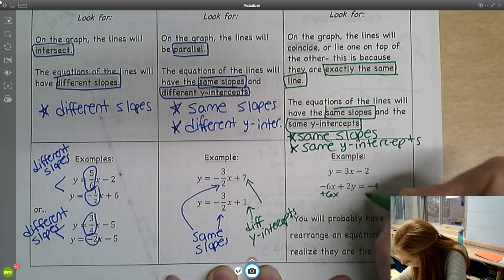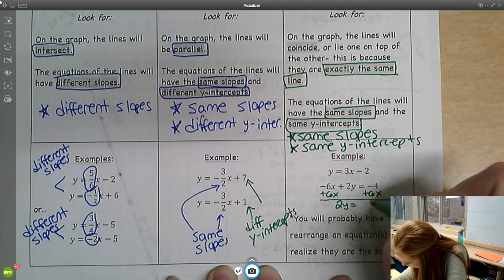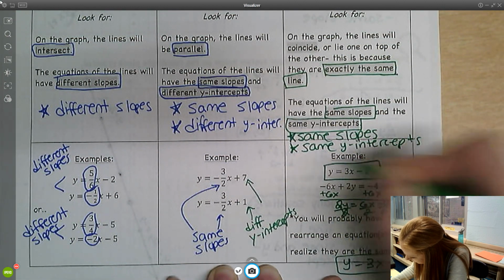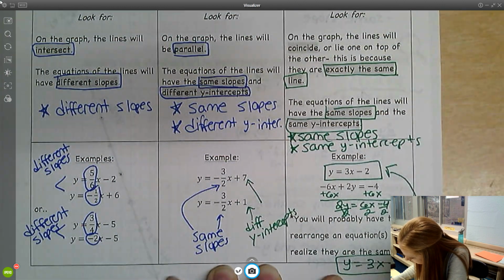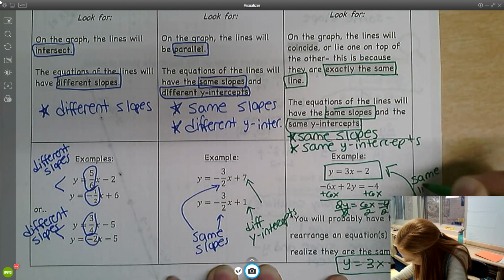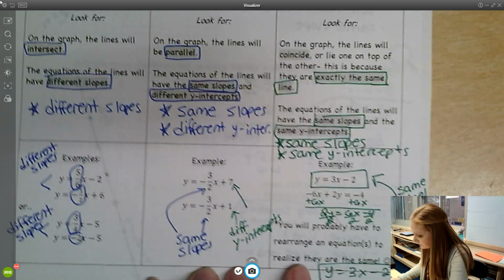We added 6x to both sides. 2y equals 6x minus 4. Divide everything by 2. And you end up with y equals 3x minus 2, which is the same exact line.